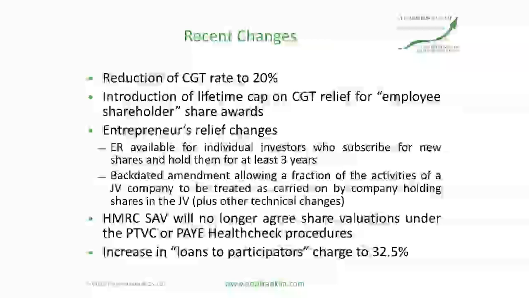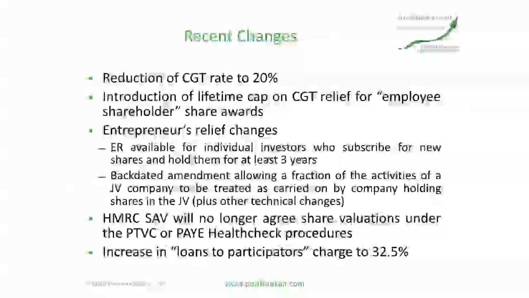What we mostly found it used for was to grant senior executives growth interests with an initial value below £50,000 in the hope that that would result in significant gains. And clearly some companies have already effectively banked multi-million-pound tax-free gains as a result of that. That's not really what the relief was intended to achieve, so it's not surprising that it's been capped.